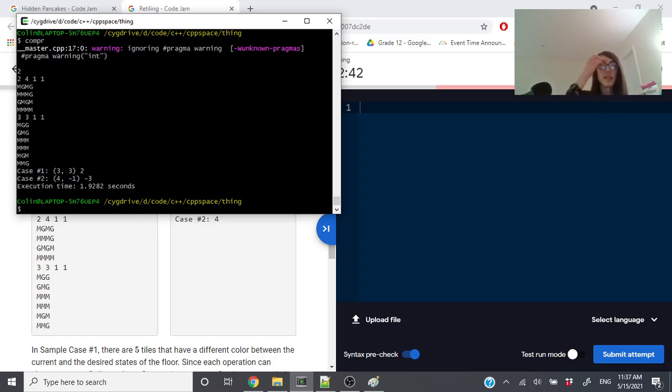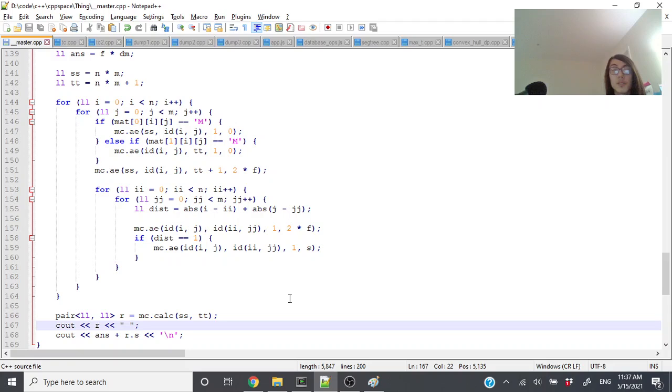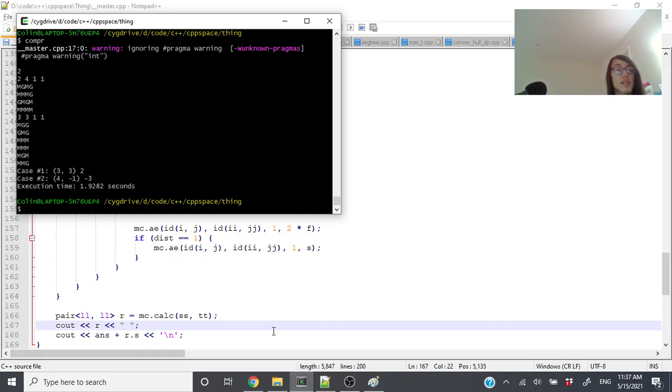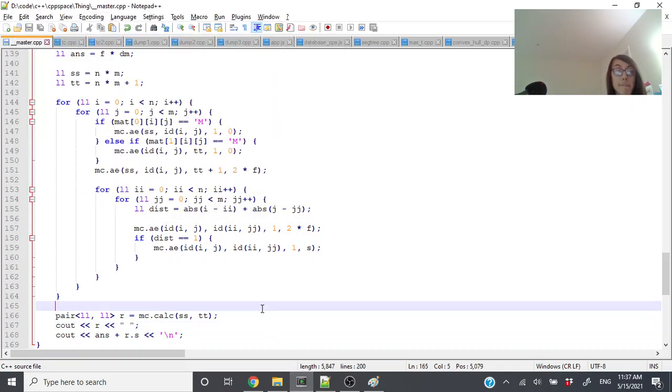So we have more M's here. How does this work though? So the max flow is 3. Why would the max flow be 3? It should not be 3. The max flow should be 6. So that's concerning.